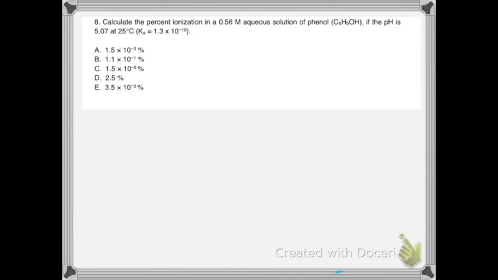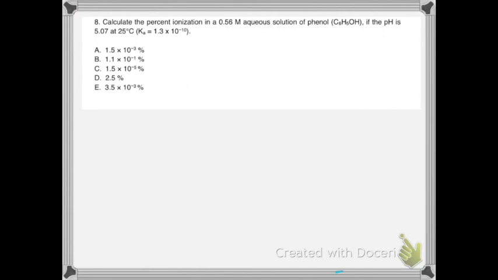So for number 8, they're asking us to calculate the percent ionization of a phenol solution in water, given a specific pH and the Ka for the molecule. So let's remind ourselves what percent ionization even means.